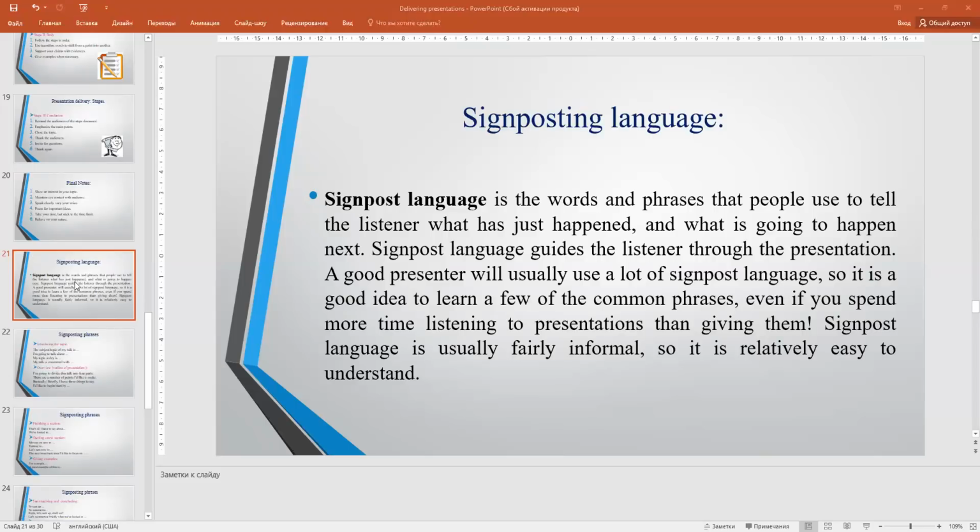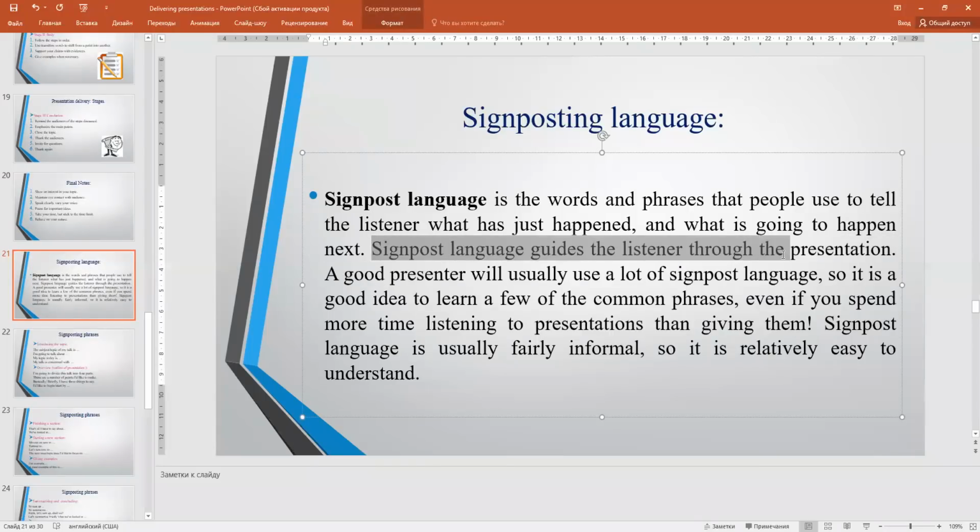Signposting language is the words and phrases that people use to tell the listener what has just happened and what is going to happen next. Signpost language guides the listeners through the presentation.